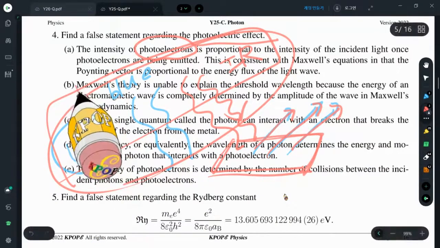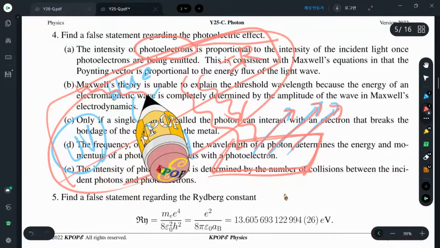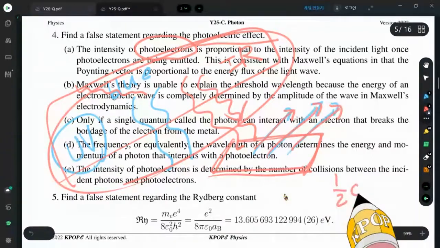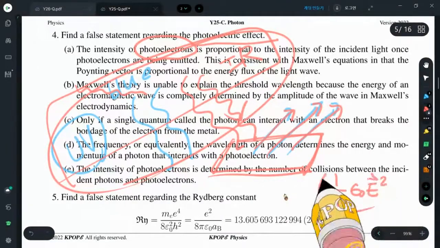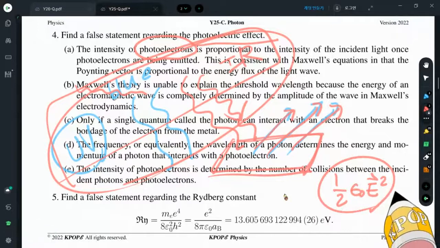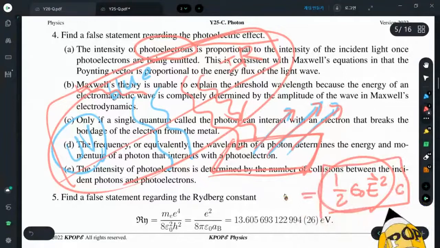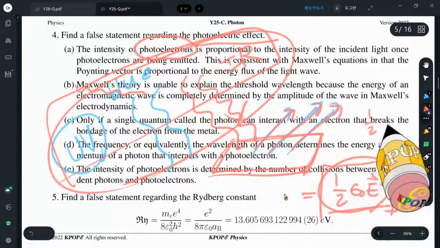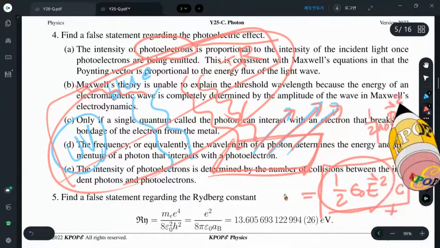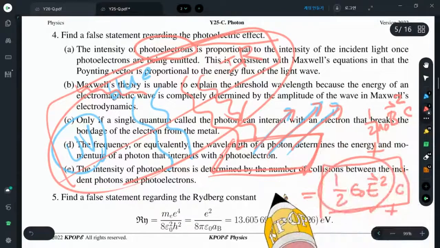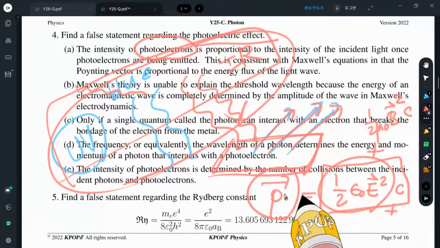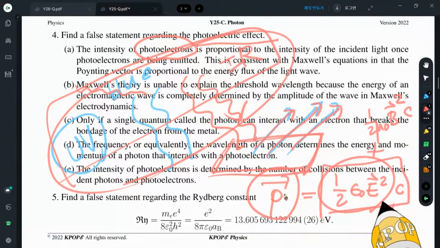Unfortunately, according to Maxwell's theory, we know the energy density is supplied with the speed of light, plus the magnetic field energy, and this is actually the Poynting vector. So the Poynting vector doesn't care about the wavelength or frequency of light.